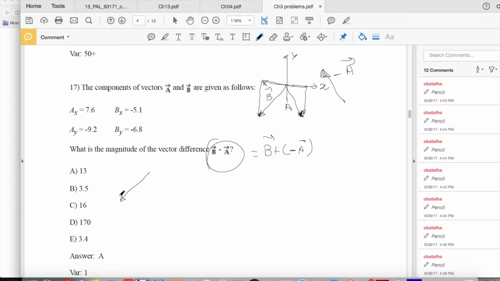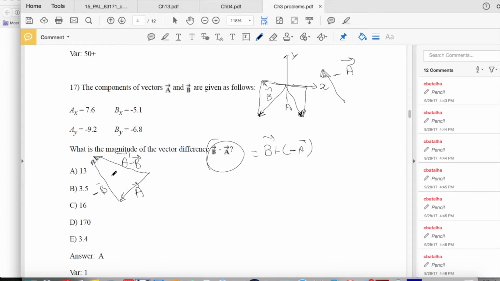You take negative a and bring it over here, and here would be the difference, okay?